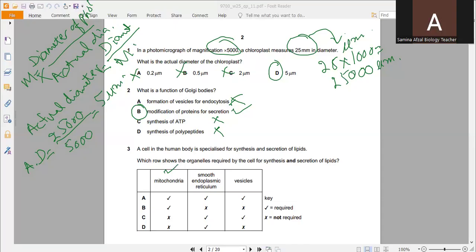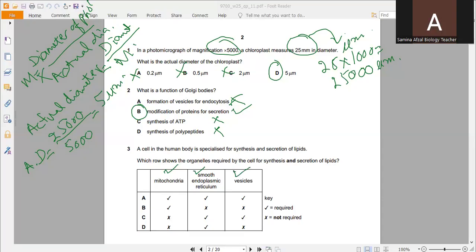Then smooth endoplasmic reticulum. The smooth endoplasmic reticulum is also required because it is the primary site for lipid synthesis. And then the vesicles are also required because lipids must be packed into the vesicles to be transported to the cell membrane for secretion.